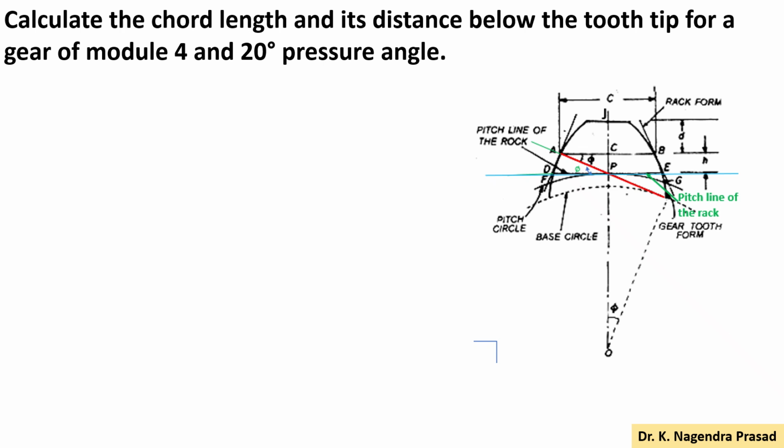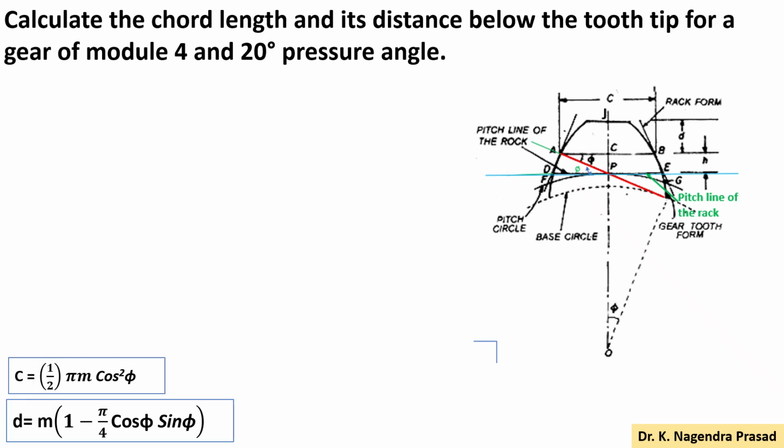I have to calculate C and d. This question belongs to the constant chord method. We know the formulas: chord length C equals pi m by 2 into cos square phi, and small d equals m into 1 minus pi by 4 cos phi sin phi.